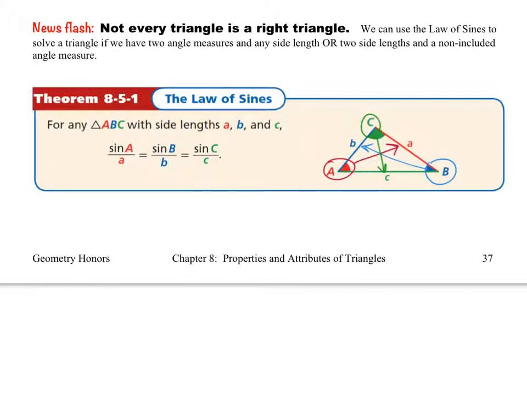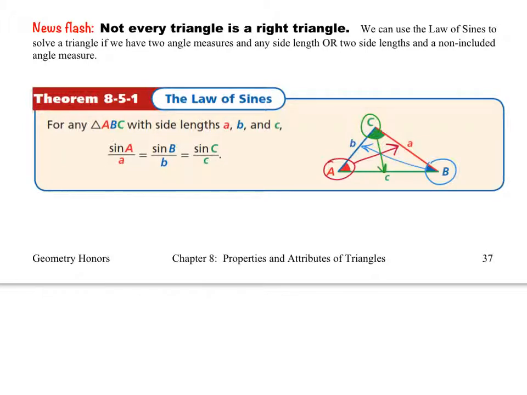So we have this proportion, which is sine of angle A over side length A is equal to sine of angle B over side length B, which is also equal to sine of angle C over the side length C.